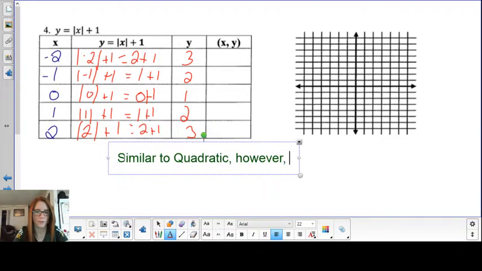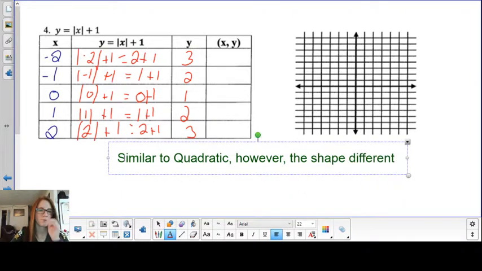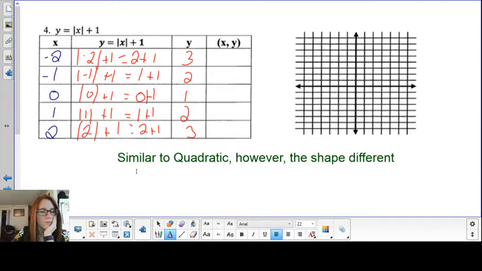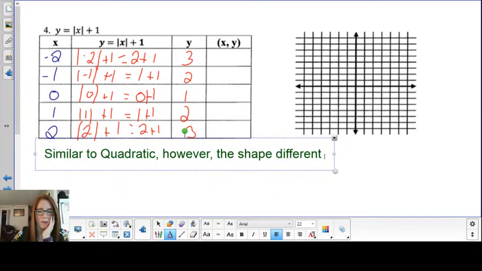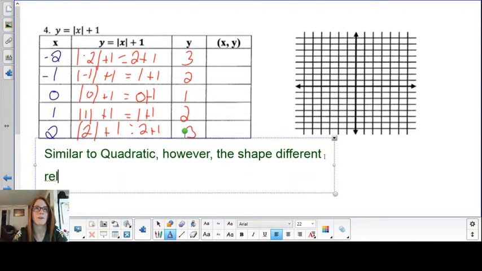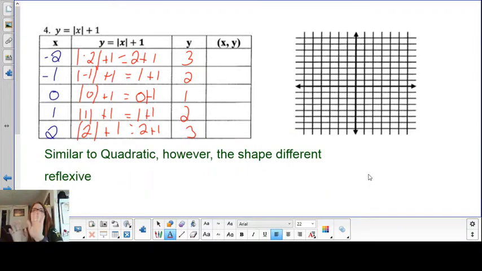However, the shape is different. It is also reflexive. There, I could not find that V for a second. So it means one side will mirror the other side.